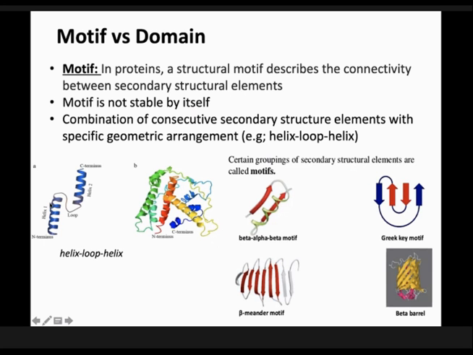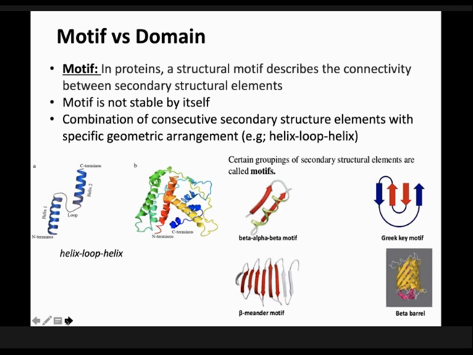Helix we know is a secondary structure, but when they're connected like this, we call it a motif. Proteins have motifs, depending on the conformation. For example, we say, oh yeah, the protein I'm looking at has a beta alpha beta motif. It depends on whether it has more helix or beta strand, etc.